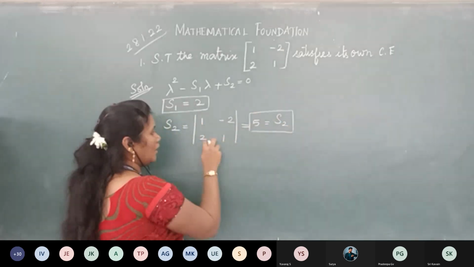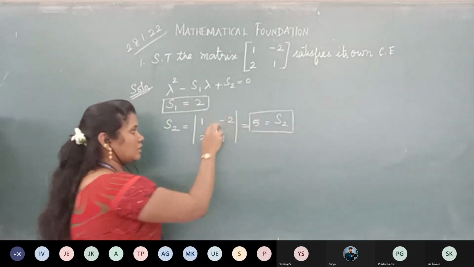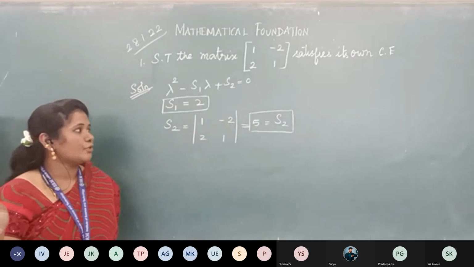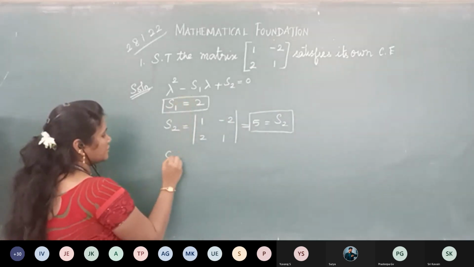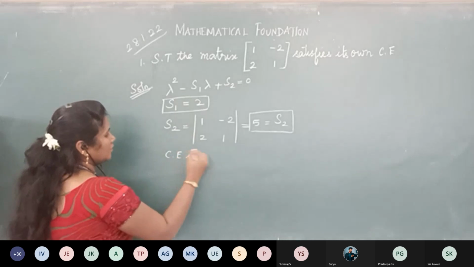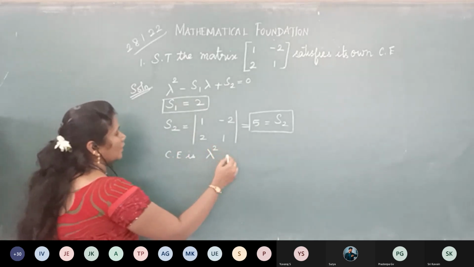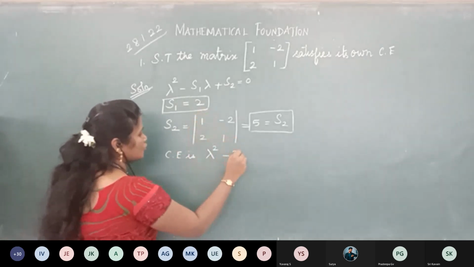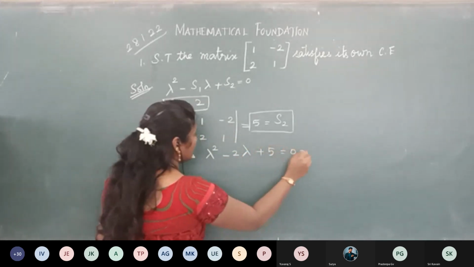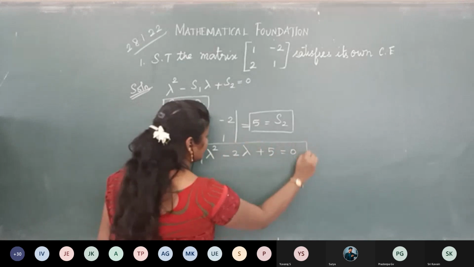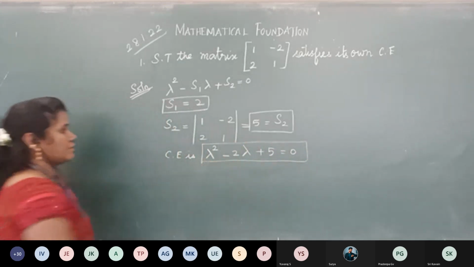That is 1 minus minus 4; minus into minus becomes plus, so 1 plus 4, which is 5. Now your characteristic equation is lambda square minus 2 lambda plus 5 equal to 0. This is your characteristic equation.